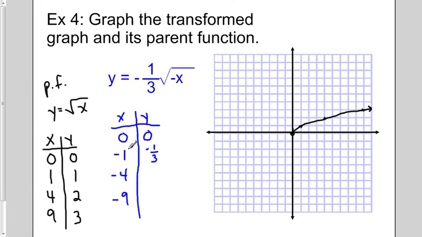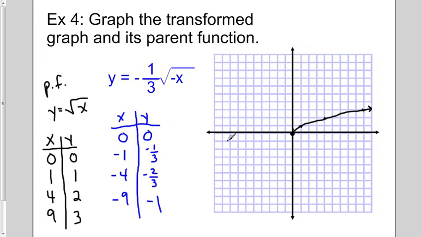Let's put -4 in. -(-4) is 4. Square root of 4 is 2. 2 times -1/3 is -2/3. And we put -9 in. -(-9) is +9. Square root of 9 is 3. 3 times -1/3 is -1.